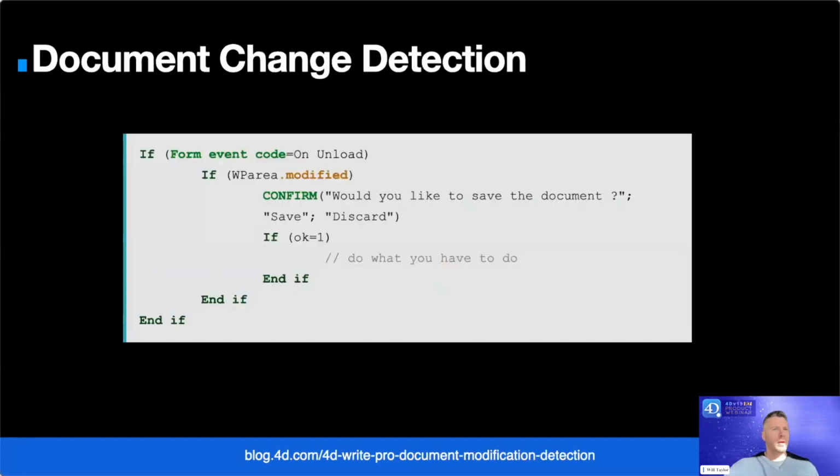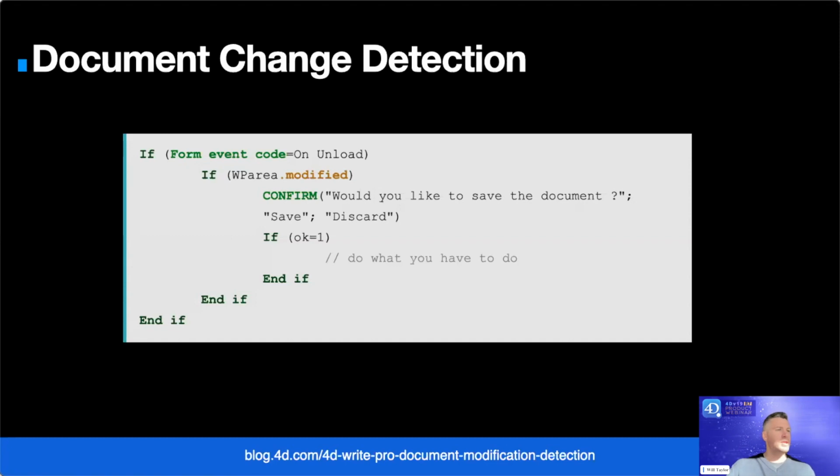And when a 4D Write Pro document is in edit mode, it is often helpful to know if it's actually been modified by the end user. So this information would allow you, the developer, to know what actions need to be taken, or if the document needs to be saved when the form gets closed, or you can imagine a more user-friendly experience. Nothing worse than making a bunch of changes and accidentally quitting something out without being prompted.